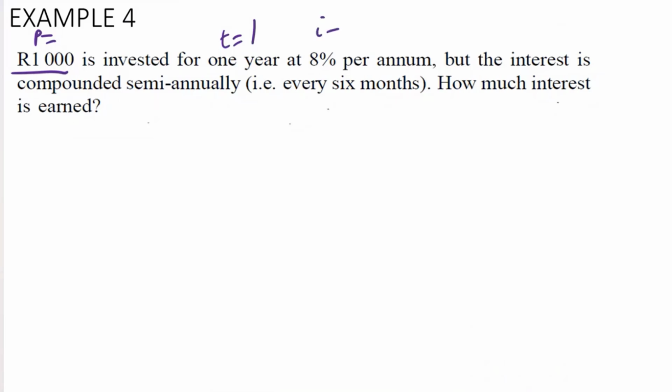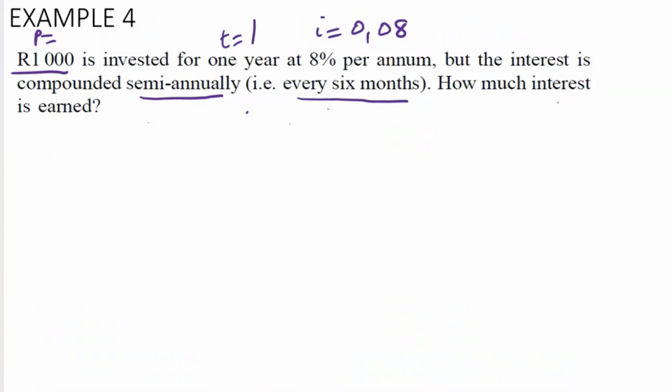So your I is equal to 0.08. Be careful on how we are converting 8%, because you can make a mistake and say it's 0.8. So just be careful how you convert 8% to a decimal number. But the interest is compounding semi-annually. That means every 6 months. How much interest is earned?